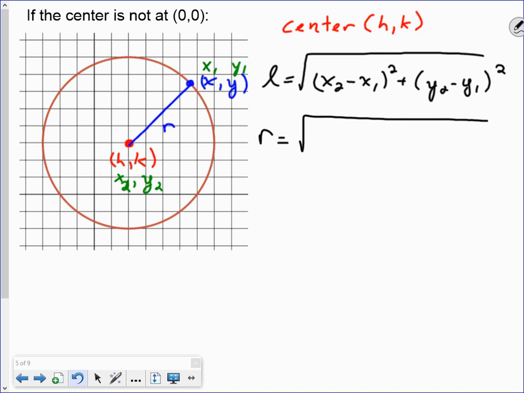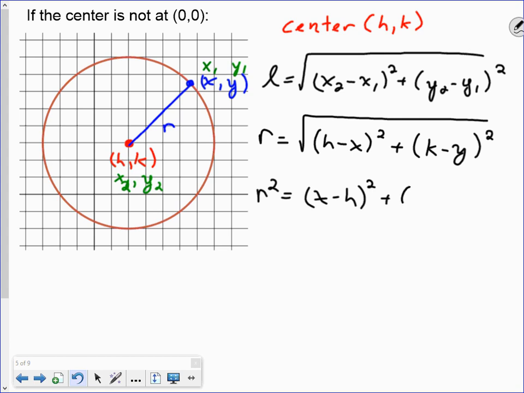So x2 is going to be h, so (h minus x) squared, plus y2 is k, minus y, all squared. And we can square both sides. And the order in here doesn't really matter, so we can switch these around: (x minus h) squared plus (y minus k) squared, and that's our equation.